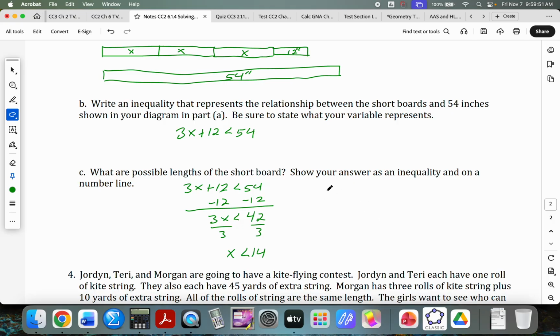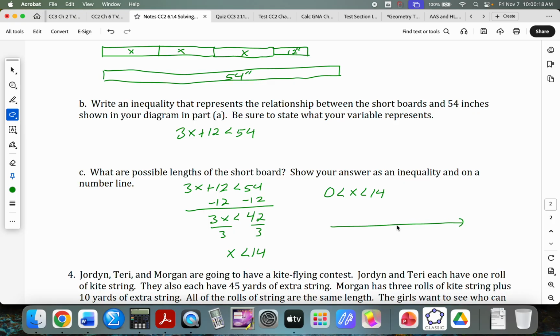So the length of the short board is 0 is less than x is less than 14. Because a board can't have a negative length. It could be really, really short, but it can't be equal to 0 and it can't be less than 0.